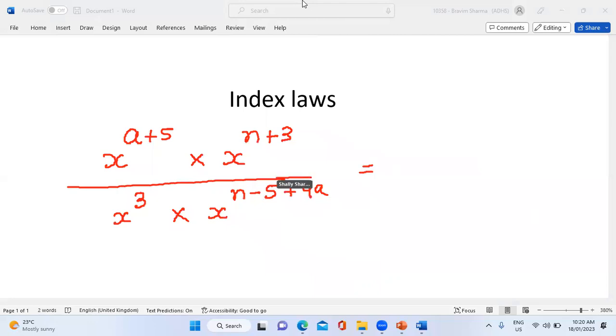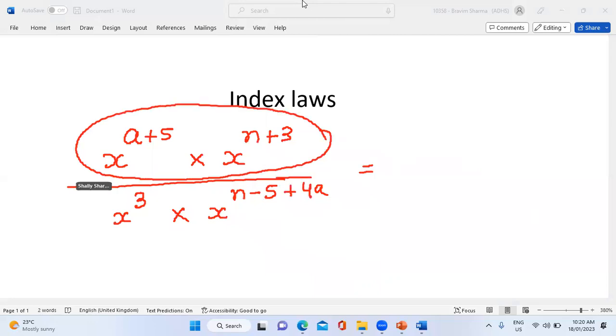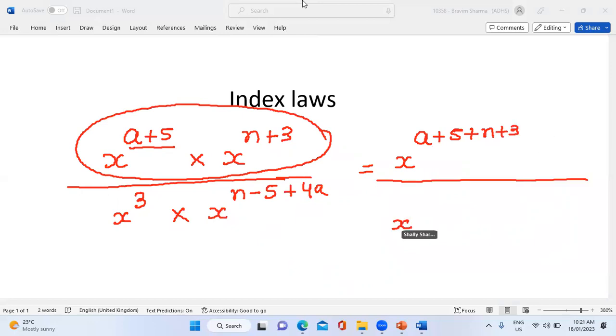I prefer to apply the multiplication law first in numerator and denominator, and then I will apply the index law. So it will be x to the power of a plus 5 plus n plus 3, whole divided by x to the power of 3 plus n minus 5 plus 4a.